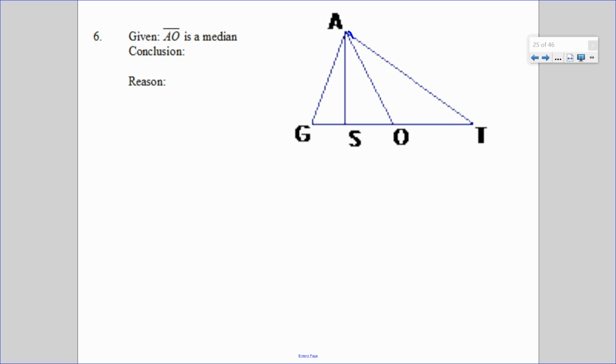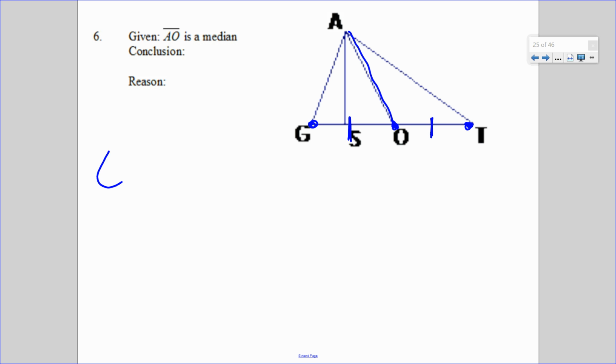I gave you that AO is a median. So I know that a median creates two congruent segments. The two congruent segments, since O is in the middle, what that means is that endpoint to midpoint is the same as midpoint to endpoint. So that S is irrelevant.